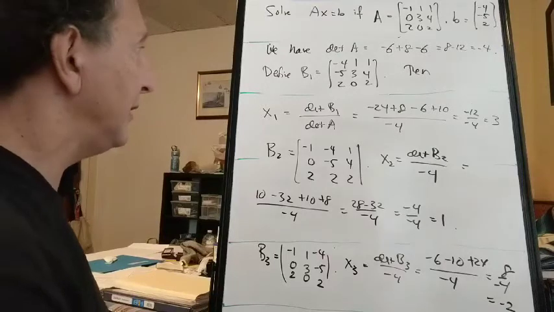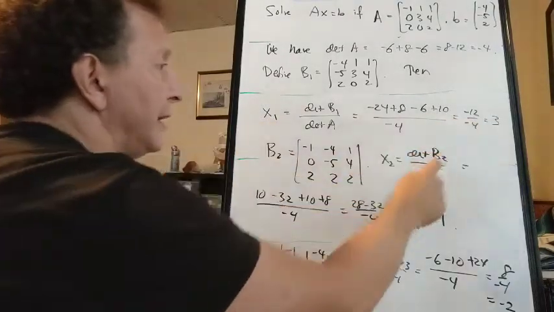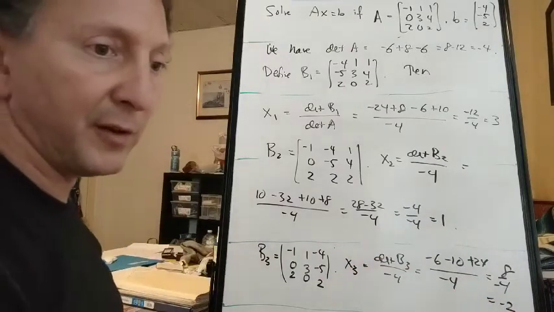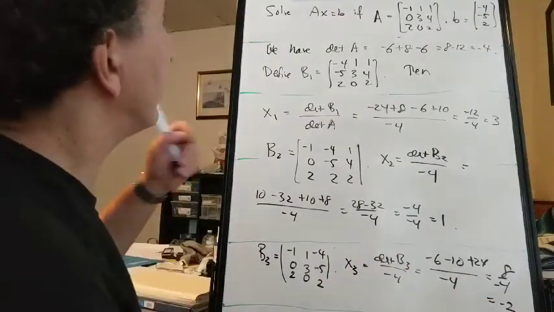Alright, so now let's use the solution 3, 1, negative 2 and verify that it is actually a solution of the equation.